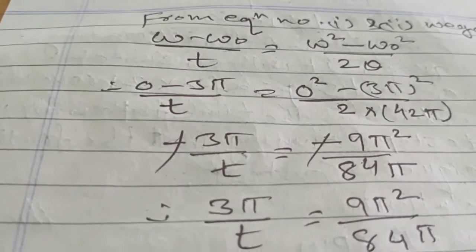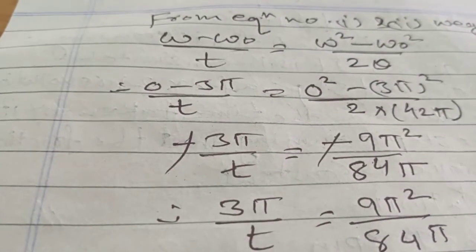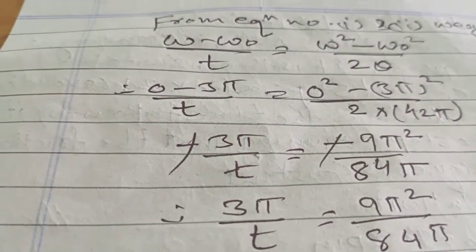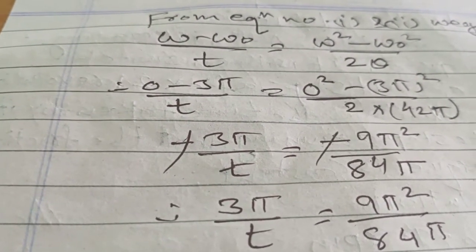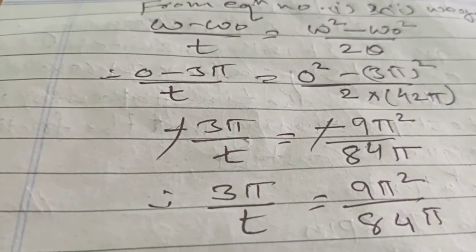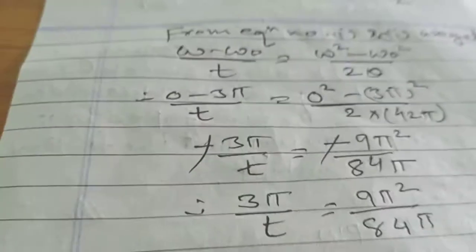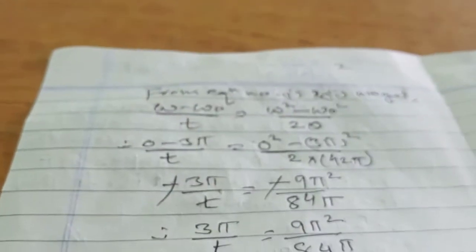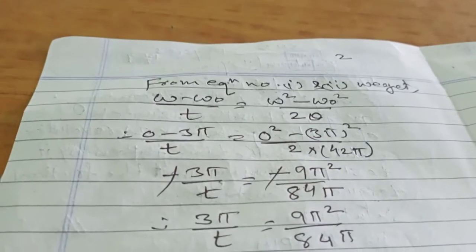Put in the values: the final angular velocity omega is 0, the initial angular velocity omega 0 is 3 pi, t stays as it is, and theta is 42 pi. So 0 minus 3 pi upon t is equal to 0 square minus 3 pi square upon 2 into 42 pi.